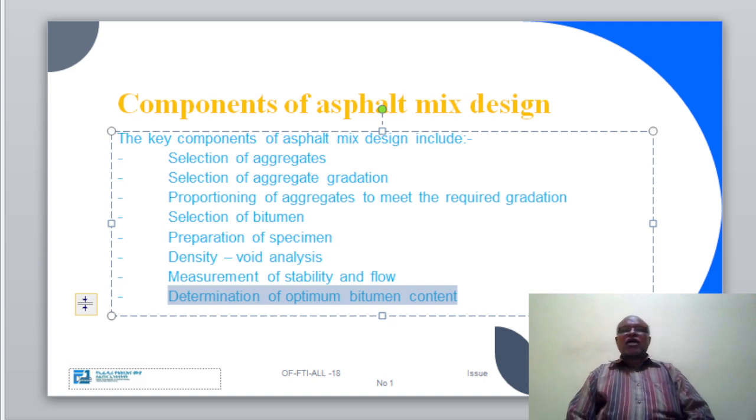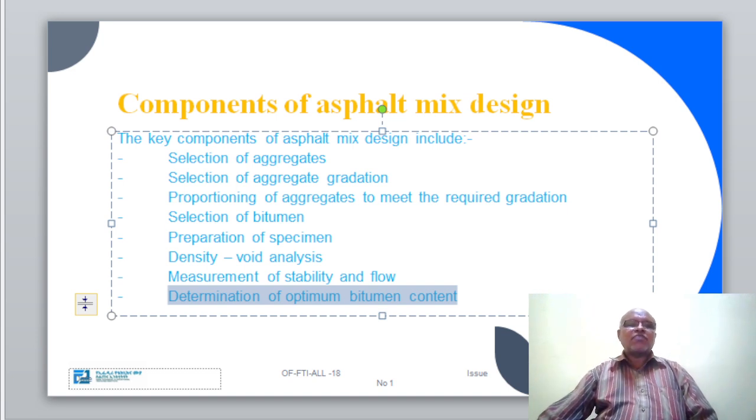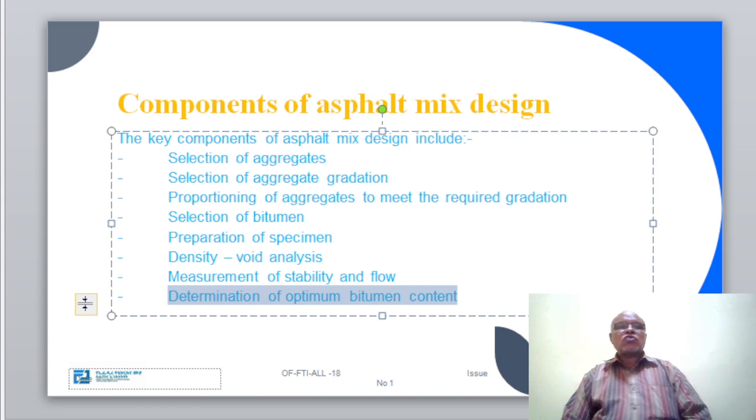Binders, like asphalt cement, act as the glue that holds the aggregate together, providing flexibility and preventing cracking. The selection of the appropriate binder is crucial in ensuring the desired performance of the asphalt pavement. Air voids are another important component of asphalt mix design.